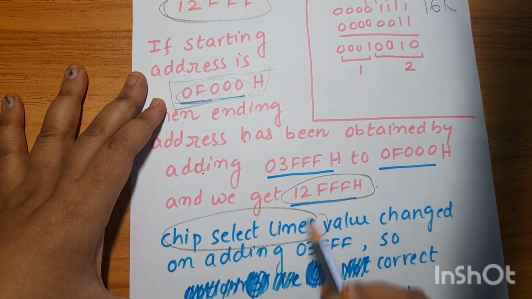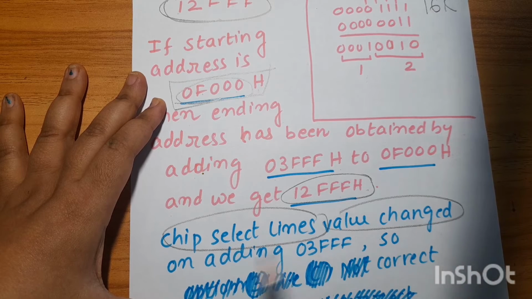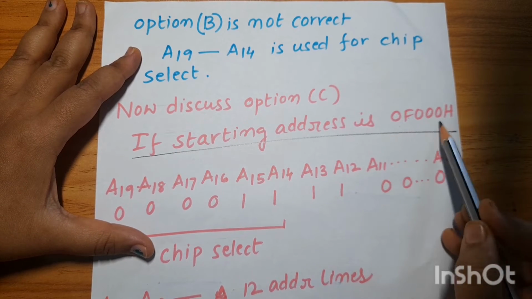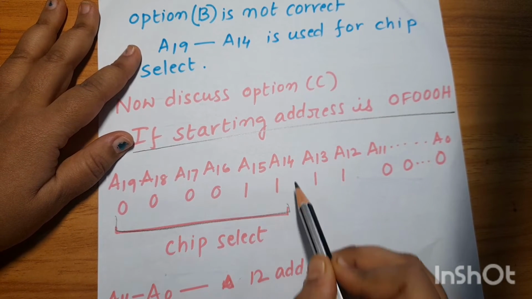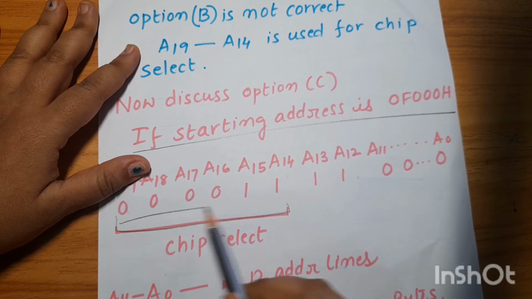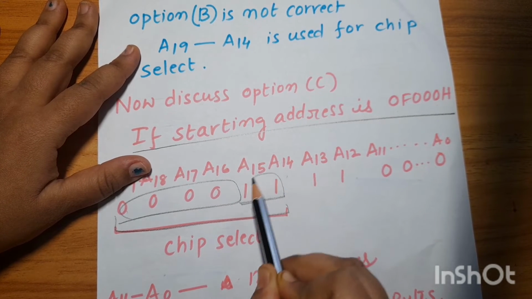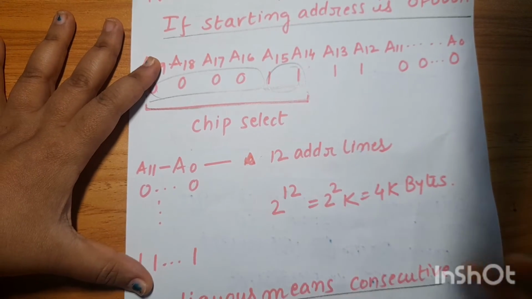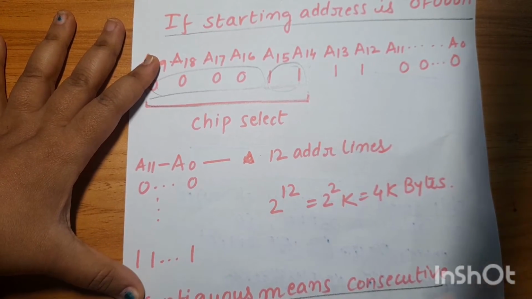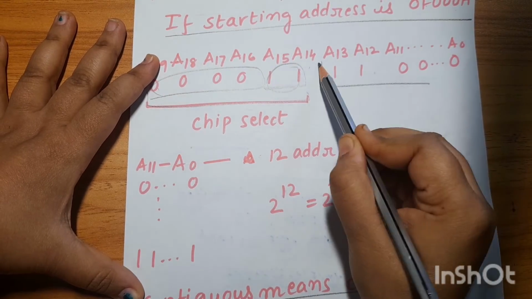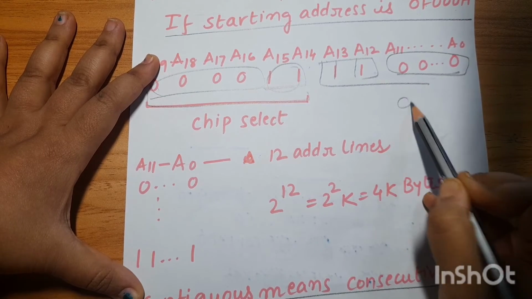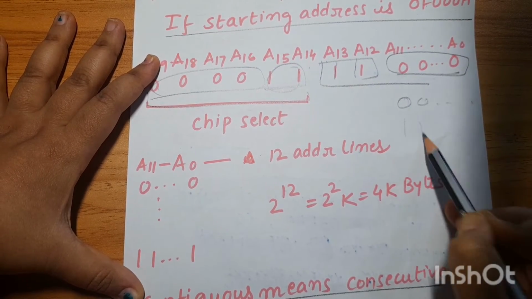The chip select line value will be changed by adding the 03FFFH. Now, if the starting address is 0F000H, the chip select is this much, A14 to A19: all four zeros, then 1, 1. This is the chip select. A12 and A13 are 1, 1, and the other bits can change from all zeros to all ones.